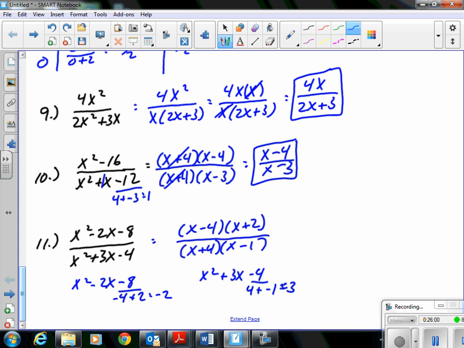So when I look at the top and bottom there, I've got x minus 4, x plus 2 on top, x plus 4, x minus 1 on bottom. I don't have anything that's alike, so I can't cancel anything out. So in this case, it's not possible to simplify that one. x squared minus 2x minus 8 over x squared plus 3x minus 4 is as simple as it goes.